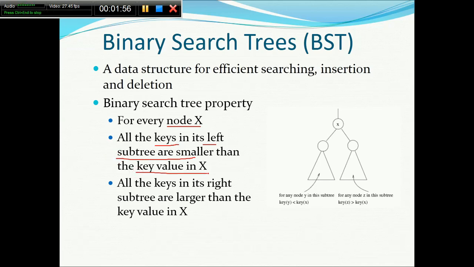Key value is the data that is being stored inside that particular node, and also all the keys in its right subtree are larger than the key values in X. So for every node X, all the keys present in the left subtree are strictly smaller, and all the keys in its right subtree are strictly greater.